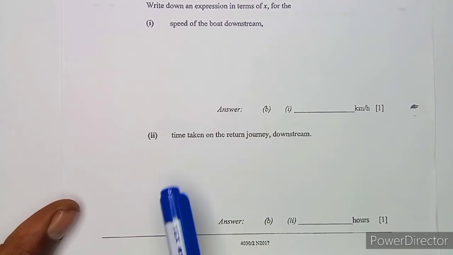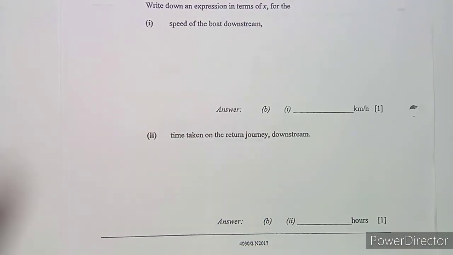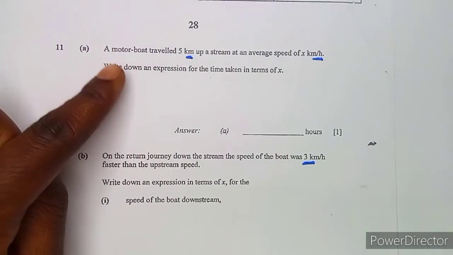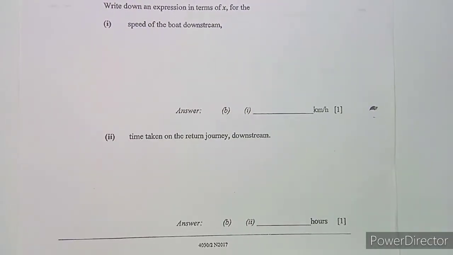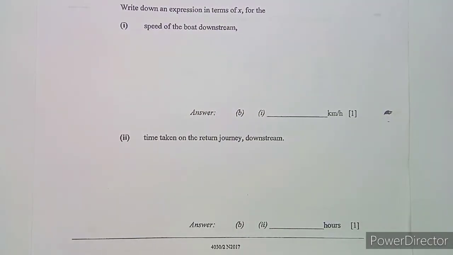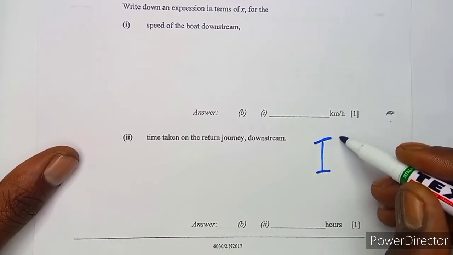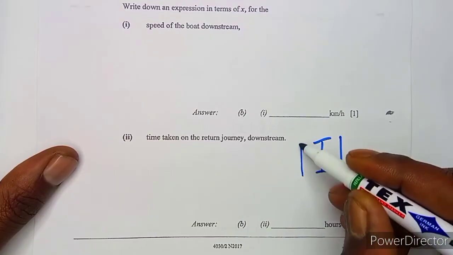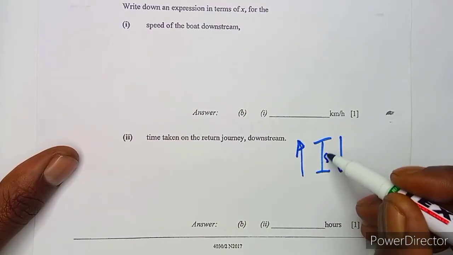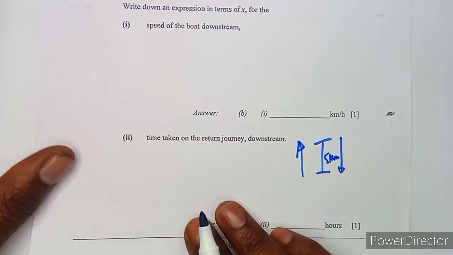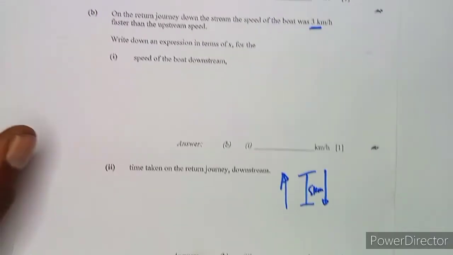Then what about the expression for time? There is one thing that is not going to change here, which is the distance. Either you're going up or down, the distance is not going to change. We are going to remain with the same distance of 5 kilometers. So the time is going to be what?